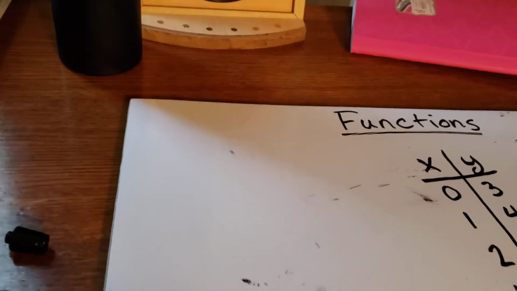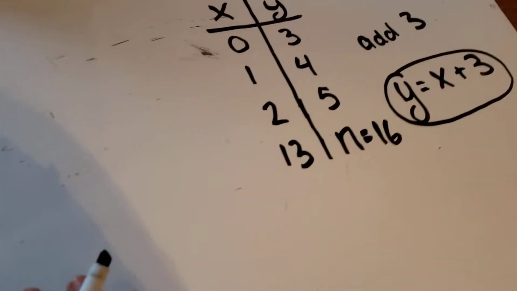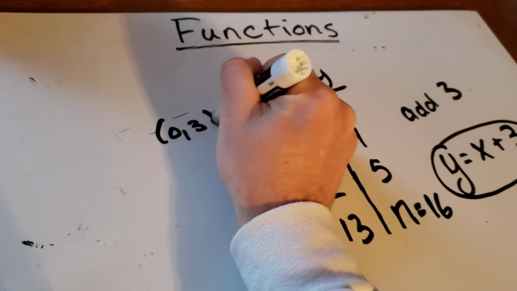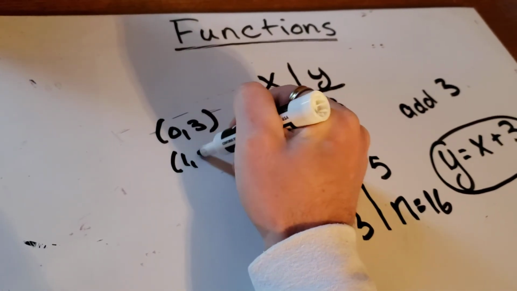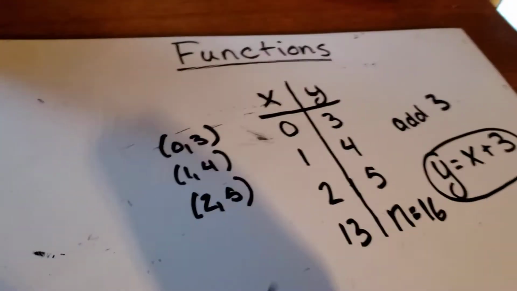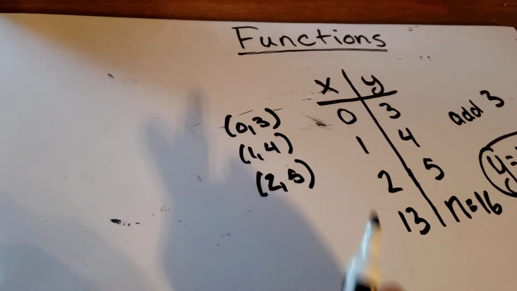Then, another task it might ask you to do is to graph it. Well, we've got ordered pairs, right? We've got 0, 3, 1, 4, 2, 5, and so on. Using this rule, we actually could come up with an infinite number of ordered pairs.